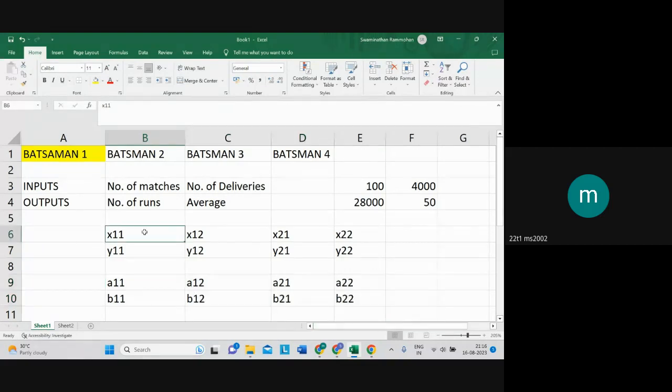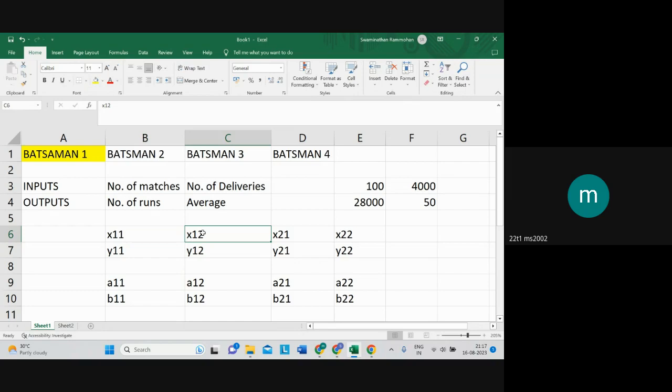So here X11 is nothing but the first feature of batsman 1, and so on. Right? For each feature, there is a weight associated. So A11 is the weight associated with X11. Similarly, A12 is the weight associated with X12. So ultimately, DA is nothing but you're maximizing efficiency, which is nothing but weighted outputs divided by weighted inputs. So in the screenshot that you shared, you were trying to maximize the efficiency of DMU3.